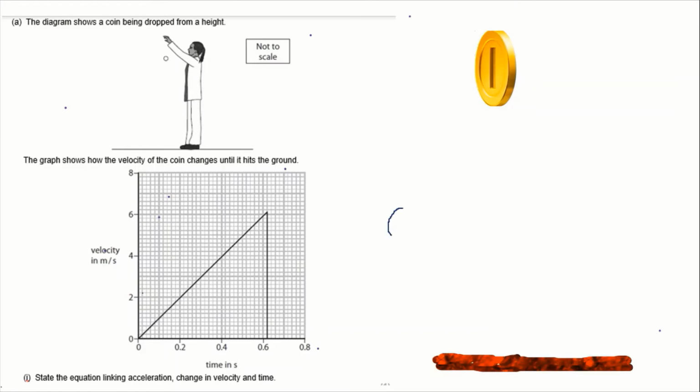So you just have to write the equation. Acceleration is equal to change in velocity, that is final velocity minus initial velocity, divided by time taken. And there is 1 mark allocated for this. So to get 1 mark, you just have to write this equation.